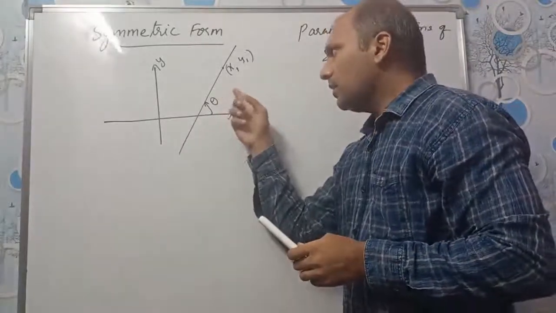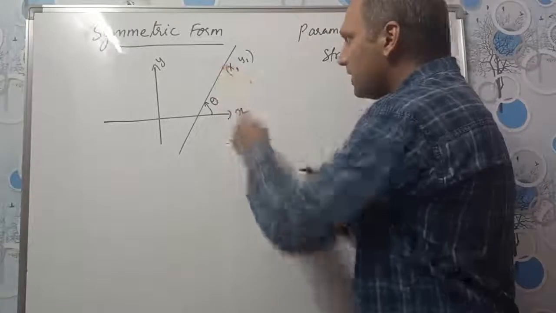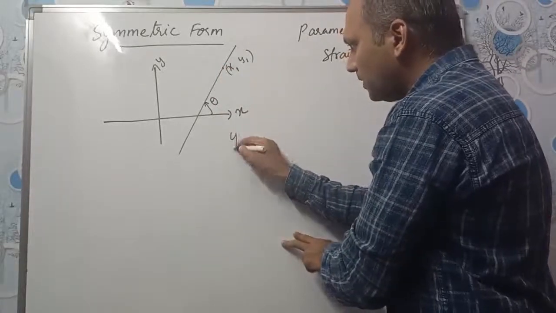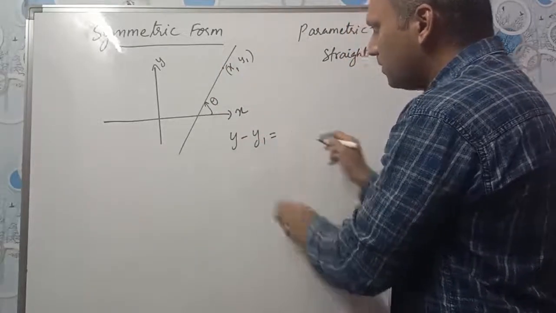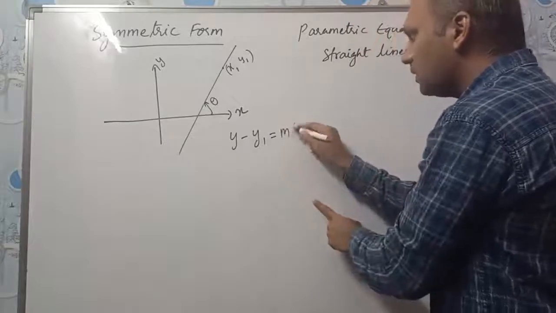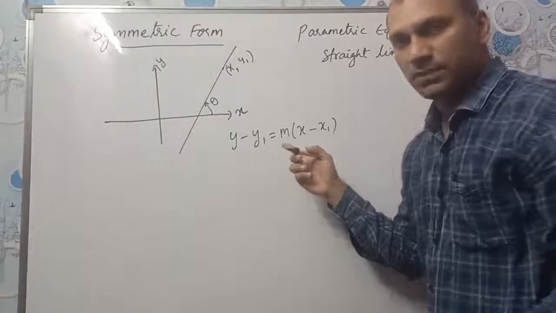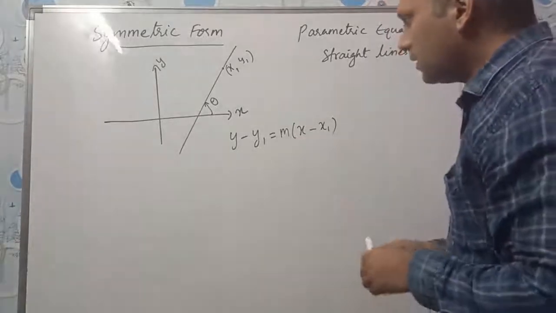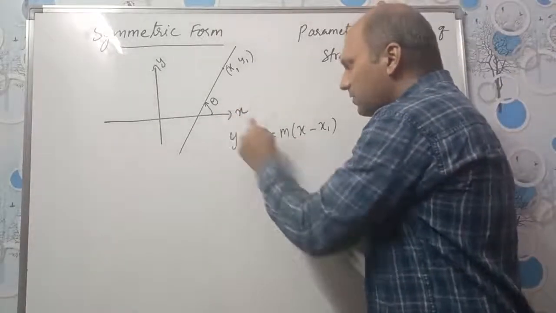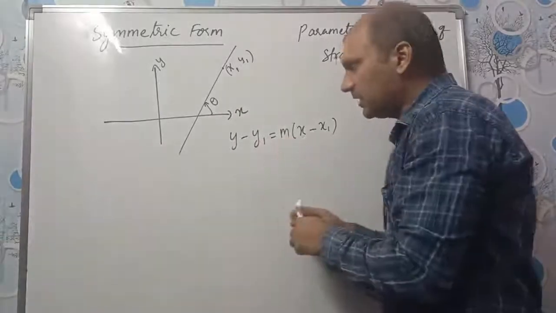We know how to find the equation of this straight line, using point slope form, y minus y1 is equal to m into x minus x1. We have learned this in one of our previous videos. Using this theta we can find the value of m, that is slope.